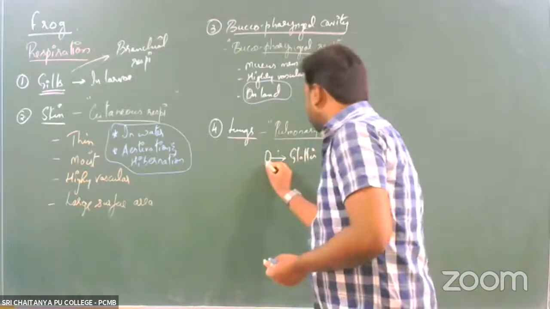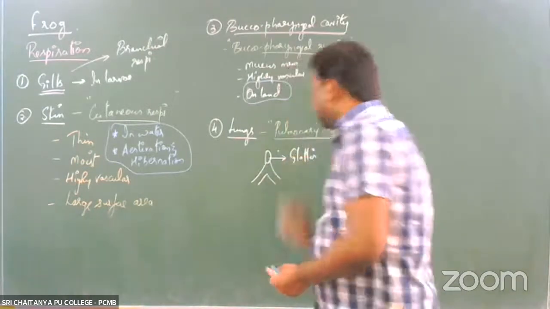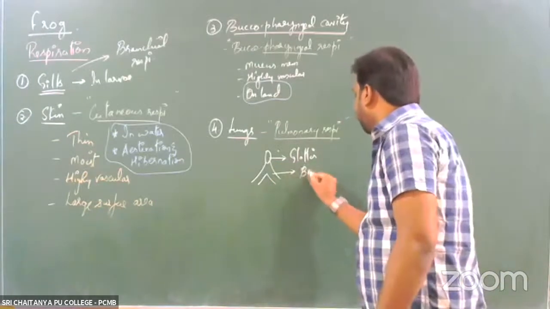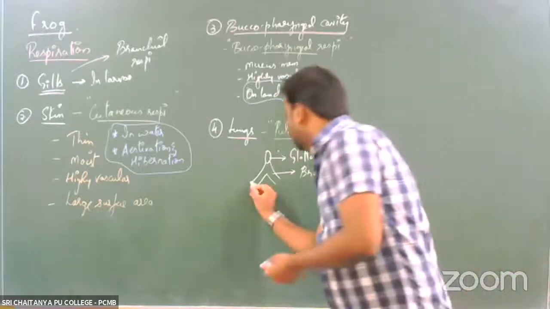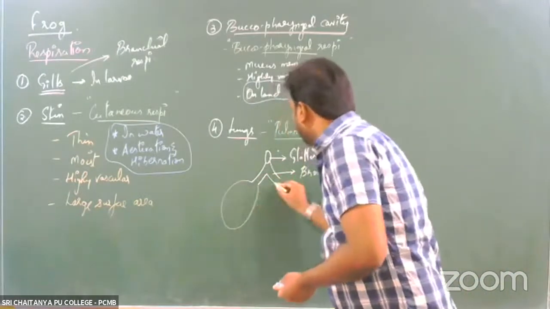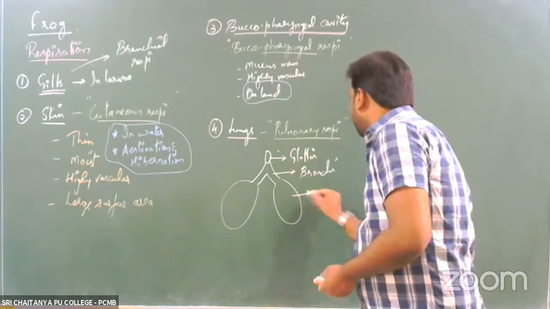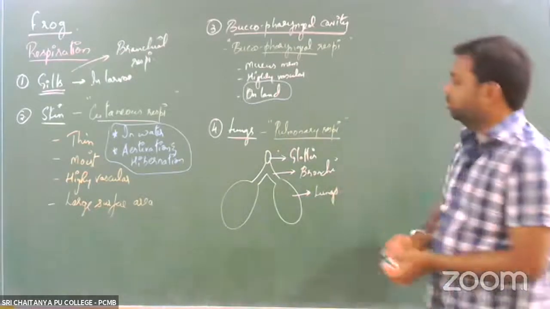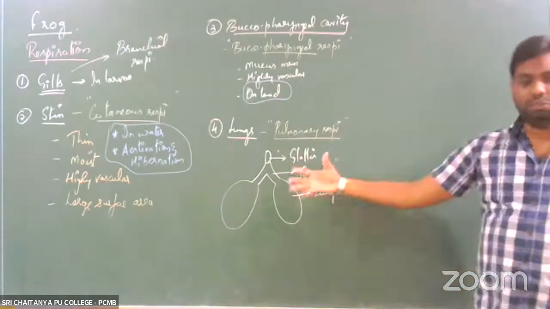Now this glottis divides into two branches, and these branches we call the bronchi. These bronchi open into oval sac-like structures, and these oval sac-like structures are the lungs. So this is how the lungs are present.